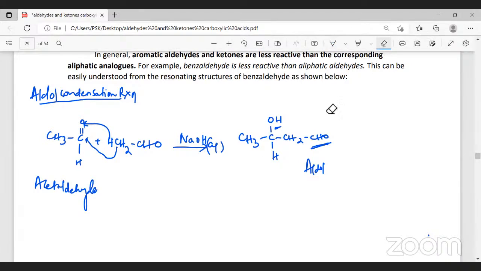If I write this hydrogen atom like this for our understanding, it's all the same. So what will be the name of this molecule? 1, 2, 3, 4. So therefore, it will be butane. Since we have an aldehyde group, we have butanal. But which butanal? It is called 3-hydroxy.